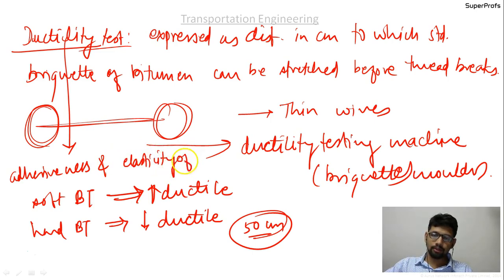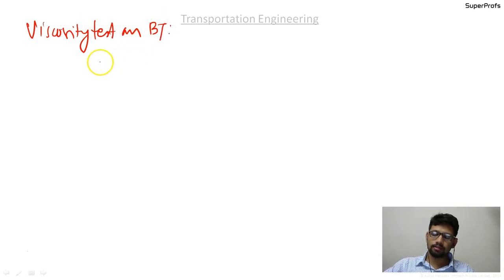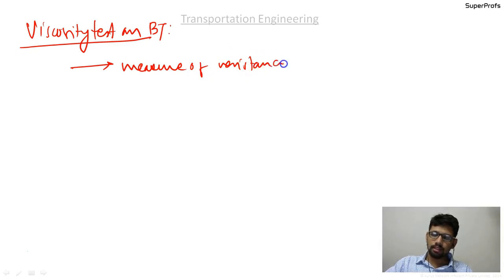Now let us discuss the next test, that is the viscosity test on bitumen. Viscosity is a measure of resistance of flow, or in simple terms it is consistency.